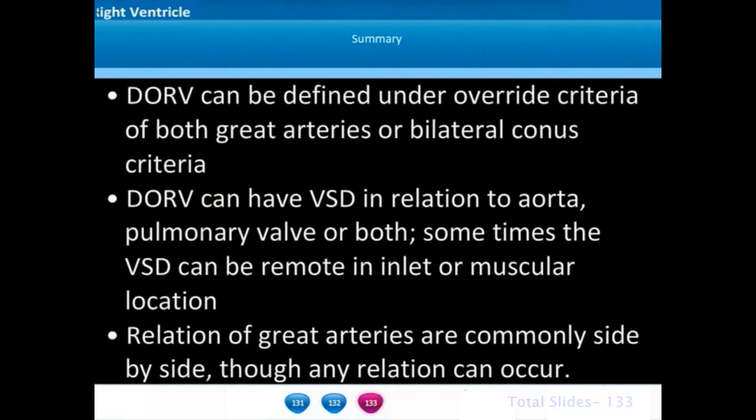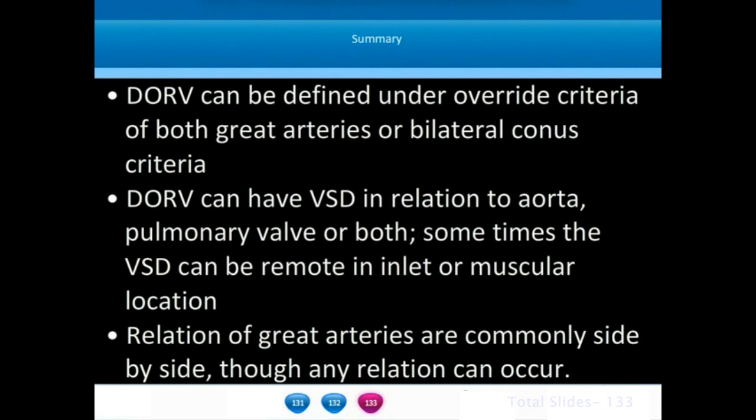To summarize this module on double outlet right ventricle, double outlet right ventricle can be defined under override criteria of both great arteries or the presence of bilateral conus. In DORV, the VSD can be subaortic, subpulmonary or doubly committed.